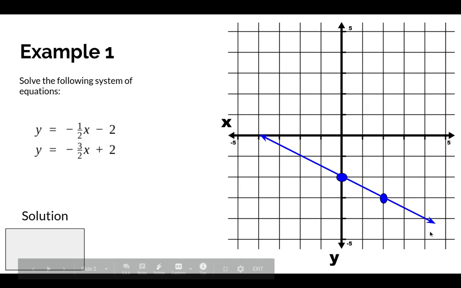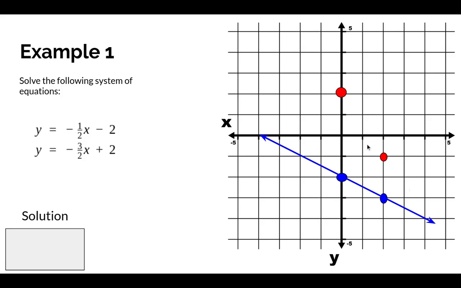We want to span the majority of the graph because we don't know where this intersection point may or may not be. Now we're going to graph the second equation. We're going to start at the y-intercept, which is positive 2, and move according to the slope. Since it's negative, we put the negative up with the 3, which means down 3 spaces, right 2. So negative 3, 1, 2, 3, and then over 2, 1, 2, plot our next point.